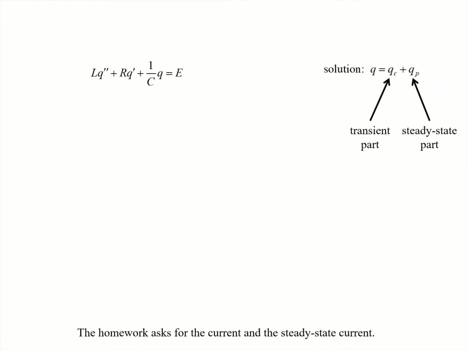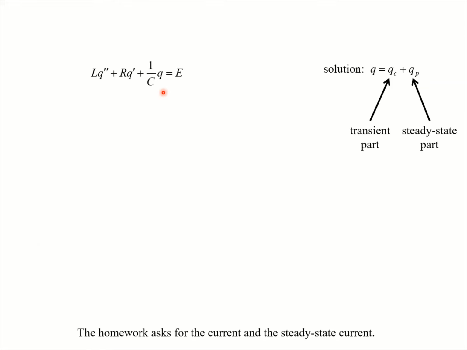The homework asks for not the charge, but the current. And sometimes they'll ask for the steady state current. So when you do your homework, sometimes you'll go, oh, I got the wrong answer. Chances are, 87% chance, and I'm just making up that statistic, that when you solved the differential equation for Q, you probably boxed that.